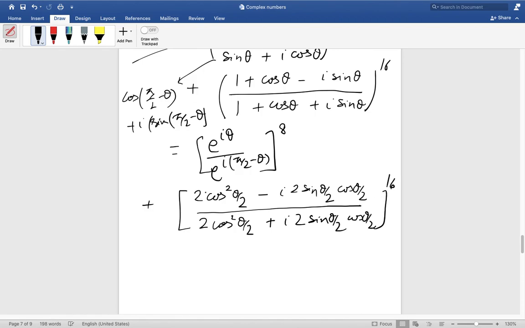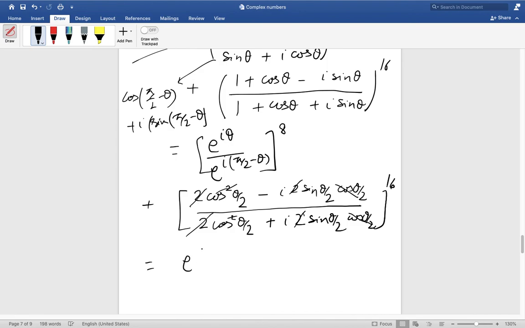Now 2 cos theta by 2 is common. So I will cancel it from both the numerator and denominator. What will I get? Okay, first here e to the power iota theta and e to the power iota pi by 2 minus theta. So this theta, when it goes in the numerator, it will become positive.